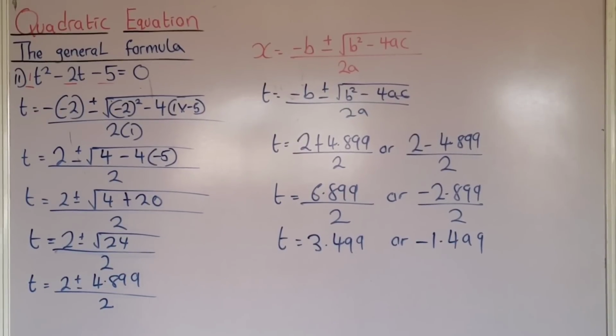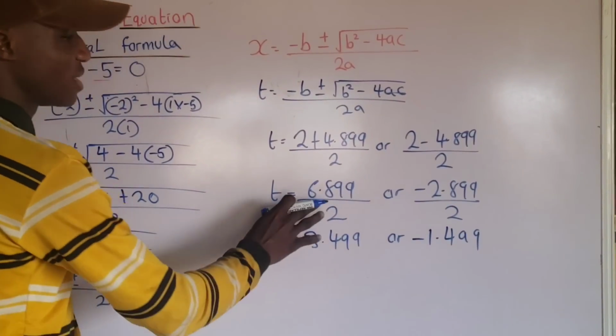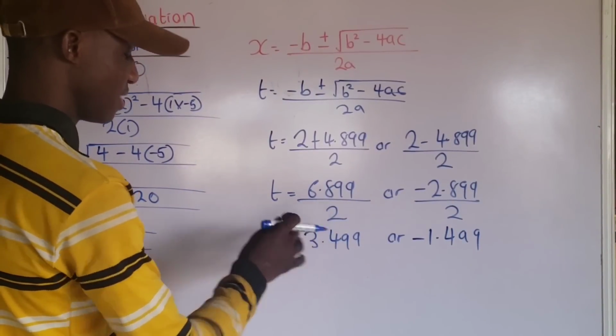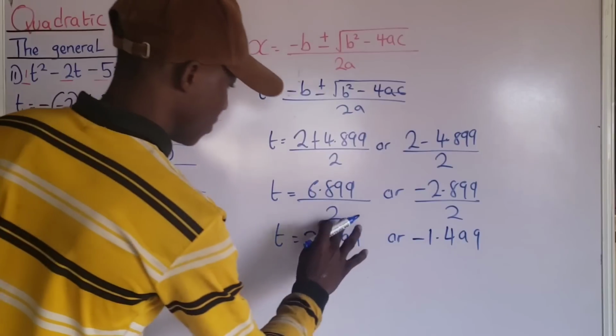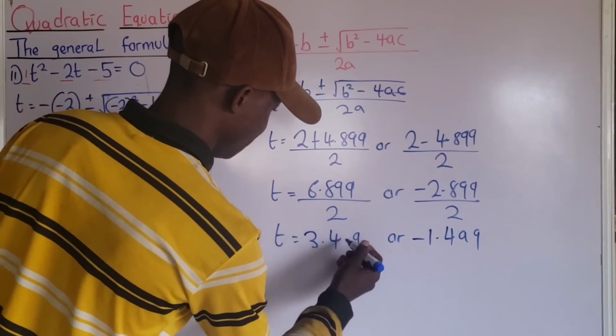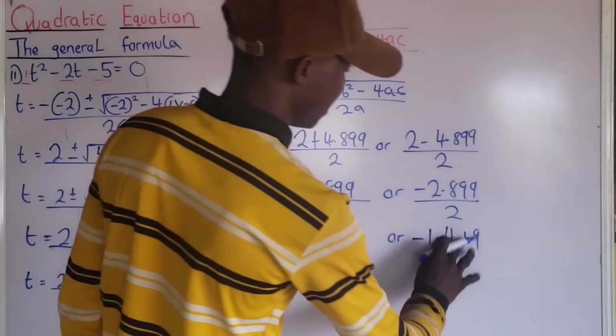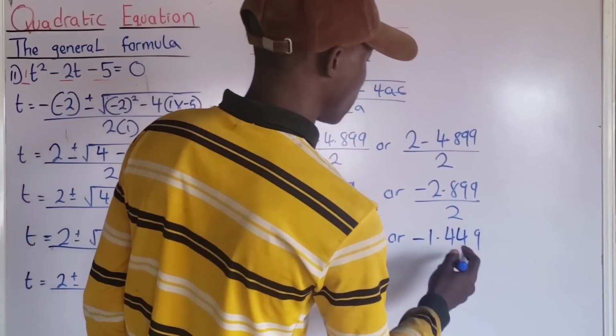Oh, it seems there is a mistake here. 6.899 divided by 2, that is 3.449. No, 3.449. This should be 3.449. And then as well this negative 1.449.